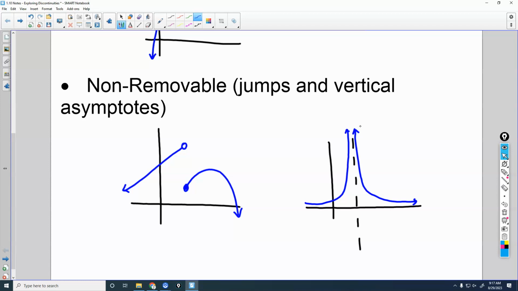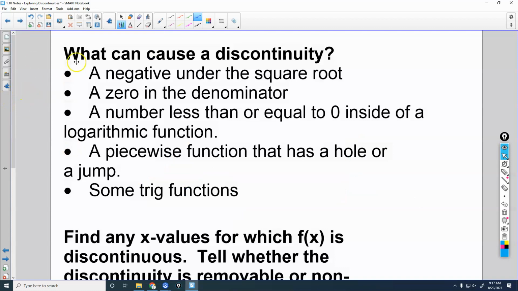Okay, so we talked about these some in pre-calculus about how to tell if something is going to have these, but we're going to look at a few more types of equations than we looked at in pre-cal. Discontinuities can be caused by negatives underneath the square root, zeros in the denominator of a fraction, a number less than or equal to 0 inside of a logarithmic function.